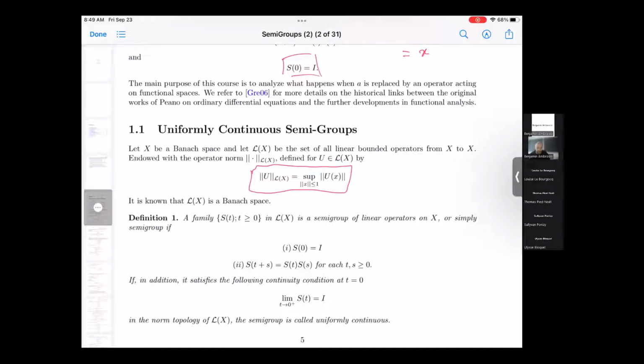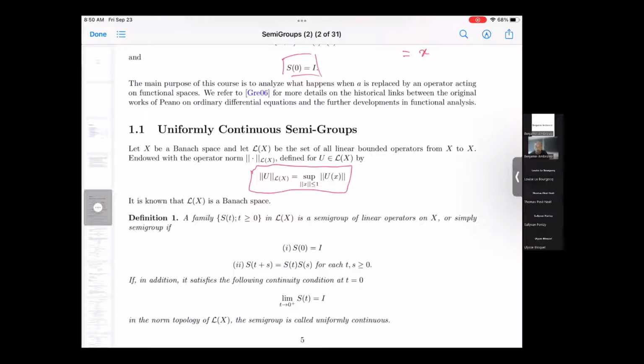A family S of t, indexed by non-negative t, we say that it's a semigroup of linear operators on X, or simply semigroup, if: the definition is exactly the two properties that I have mentioned for the solution of x prime equals ax.